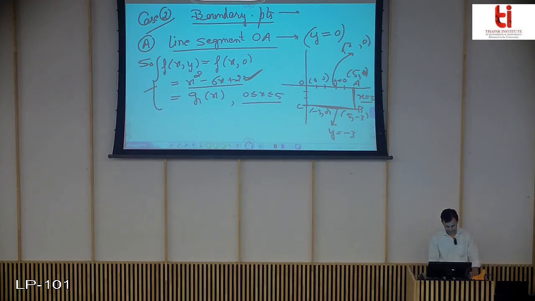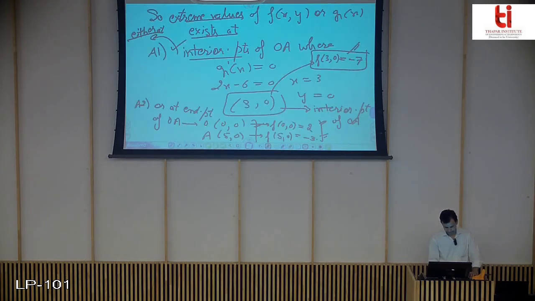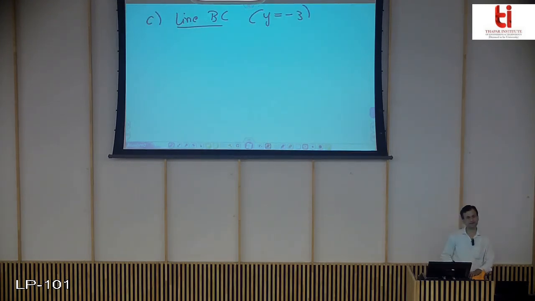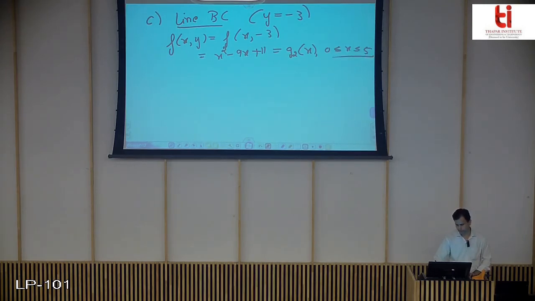So f(x,y) reduces to f(x,-3), which reduces to the function x squared minus 9x plus 11, say g2(x), where x lies between 0 and 5.